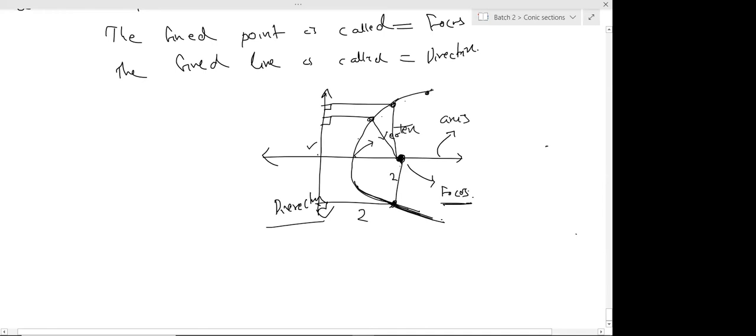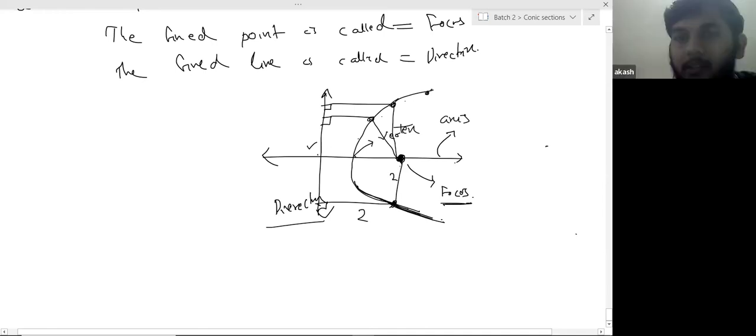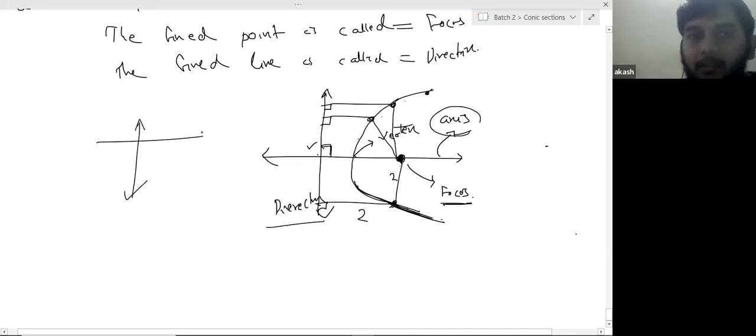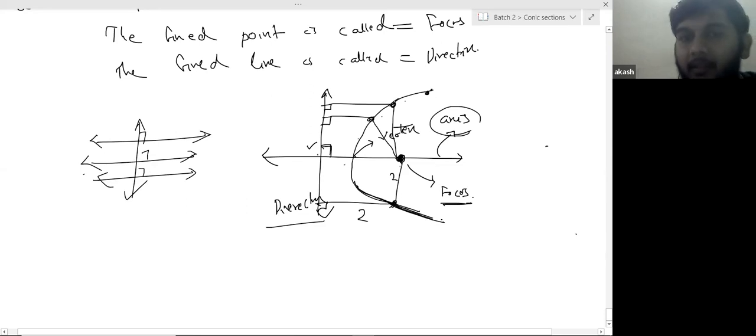All right. So what is the axis? The axis of a parabola is the line which is perpendicular to the directrix. This is perpendicular, all right. But many lines are possible which are perpendicular to the directrix, right? The axis is the line which passes through the focus also.